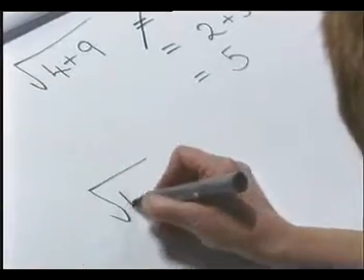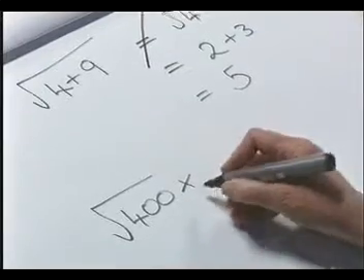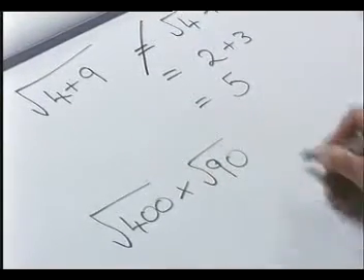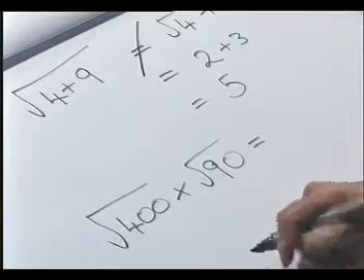So if we move on and we take the square root of bigger numbers times the square root of another big number, the square root of 400 times the square root of 90, it's useful to remember the square numbers, the typical square numbers of the numbers 1 to 10. That's 1, 4, 9, 16, 25, 49, 64, 81 and 100. You should be able to remember those straight off and recall them.